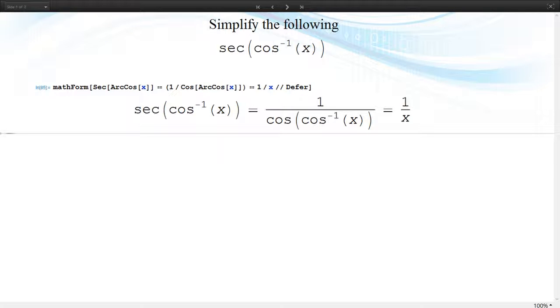There we go. So secant of cosine inverse of x is equal to 1 over cosine of cosine inverse of x, which is equal to 1 over x, because cosine and inverse cosine are inverse functions, and they cancel.